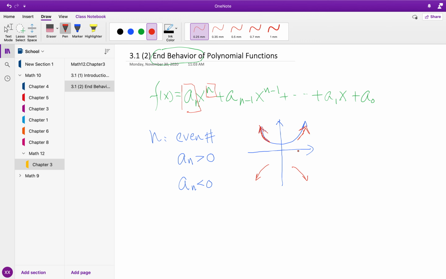All right, you can see, well, my graph is down here, but however, as I said before, this will keep going, so then of course it will cross these two regions. Okay, so that is when n is an even number.